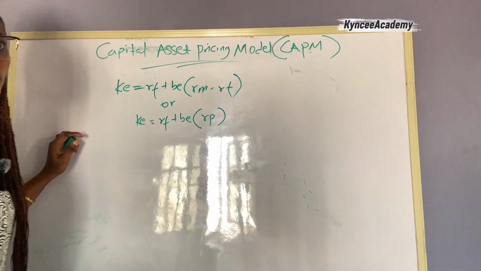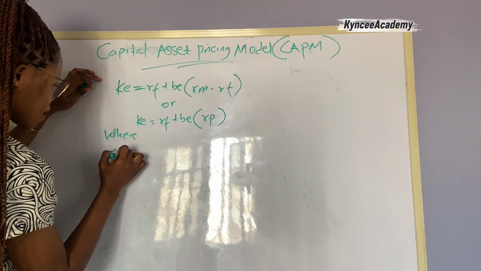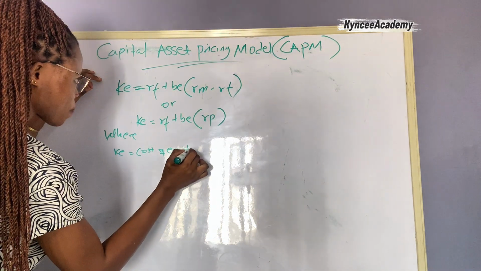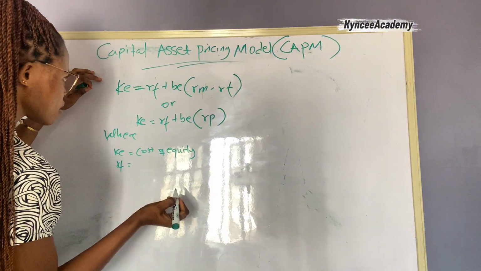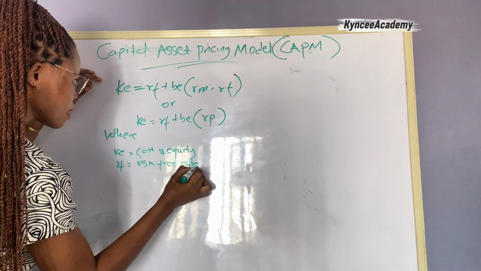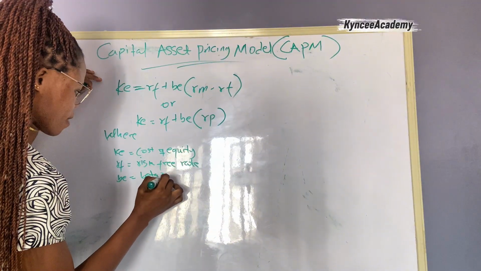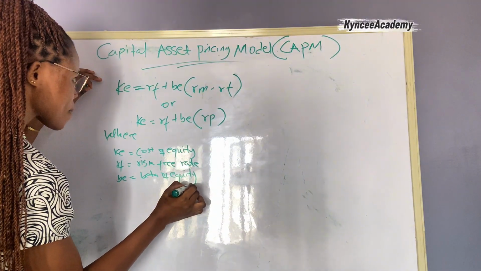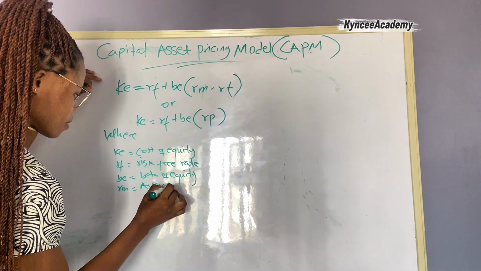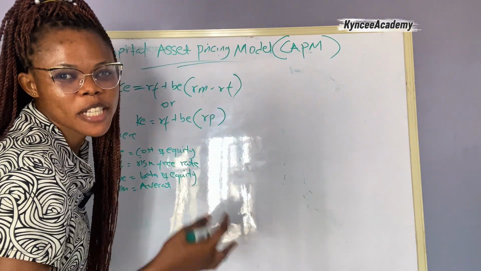So now, where Ke is equal to cost of equity, Rf is equal to risk-free rate, βe is equal to beta of equity, Rm is equal to average market return.